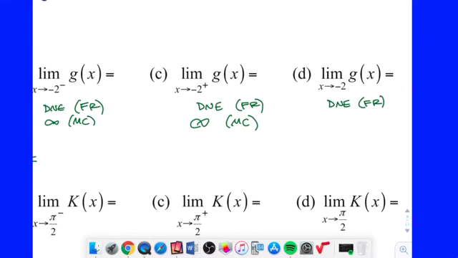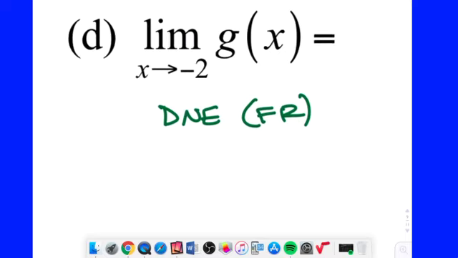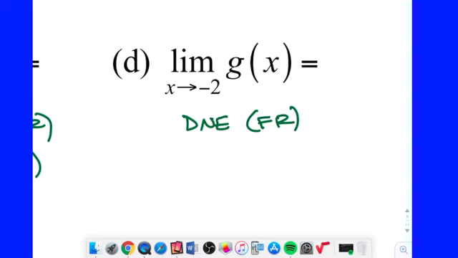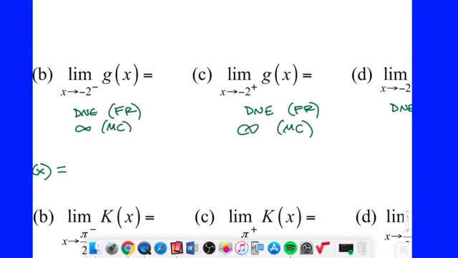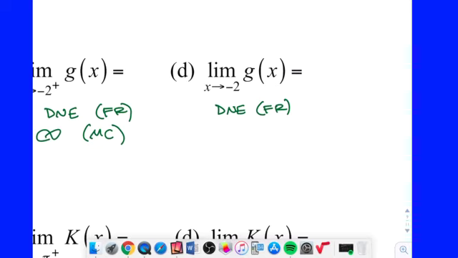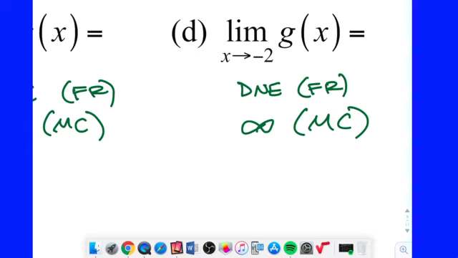Now, what could be said, if anything, about the general limit, do you think? D and E would still work, but notice the behavior on both sides is now the same. So we could actually, in the case of a general limit, even though it doesn't exist, because it exhibits the exact same behavior, we could say the general limit is also infinity.